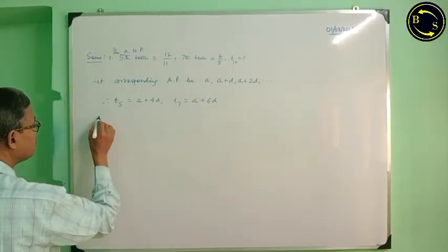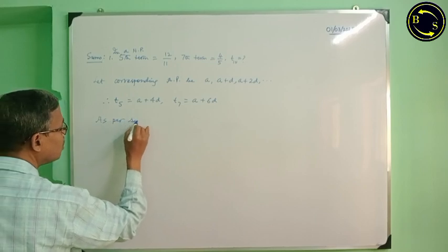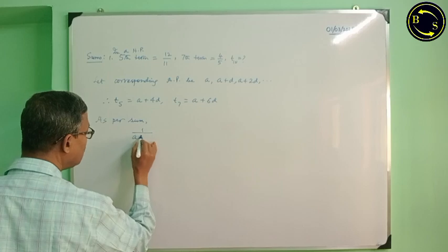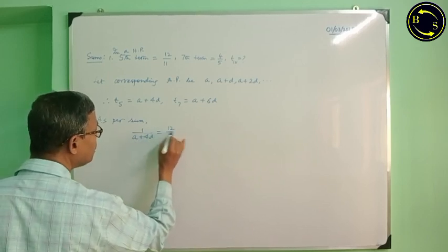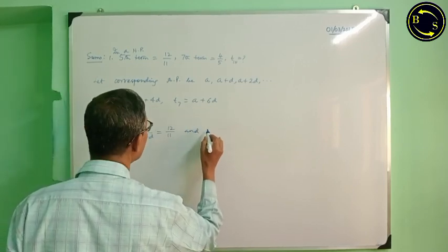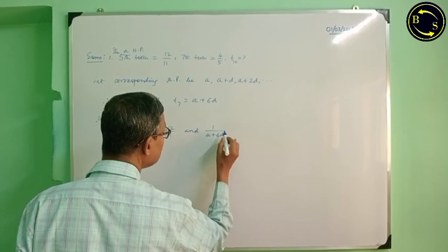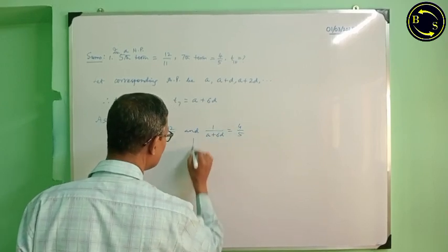Therefore, as per condition, 1 by A plus 4D is equal to 12 by 11, and 1 by A plus 6D is equal to 4 by 5.